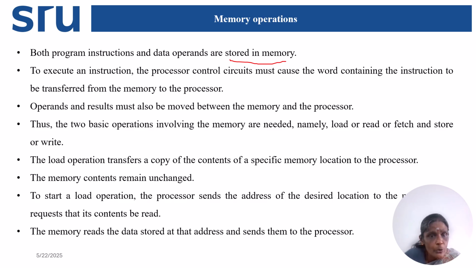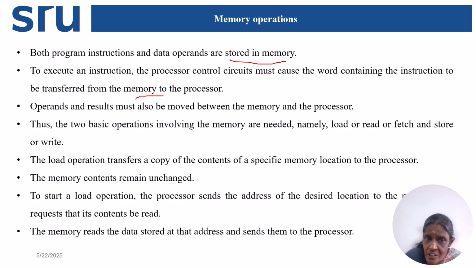To execute an instruction, the processor control circuits must cause the word containing the instruction to be transferred from memory to the processor. So read means from memory to processor. Write means from processor to memory. That is the difference, the direction of data flow.